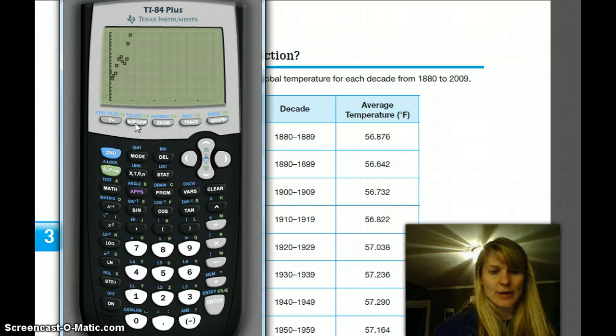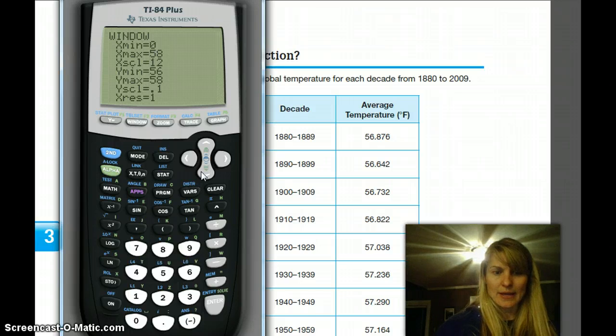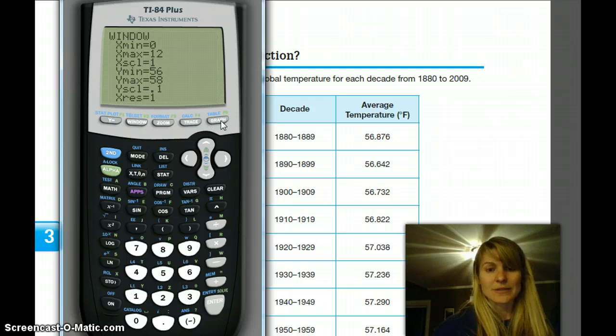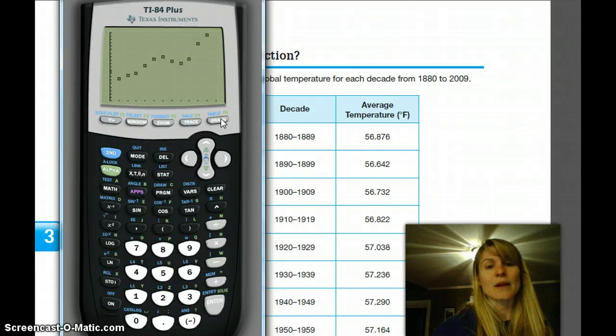That's probably because I have a 12 and not a 0.1. I'm all messed up here. 12, and then this was 1. No wonder. It's good problem solving: my graph didn't look right, and I went back and looked at my window. There we go. So there's my data, right?